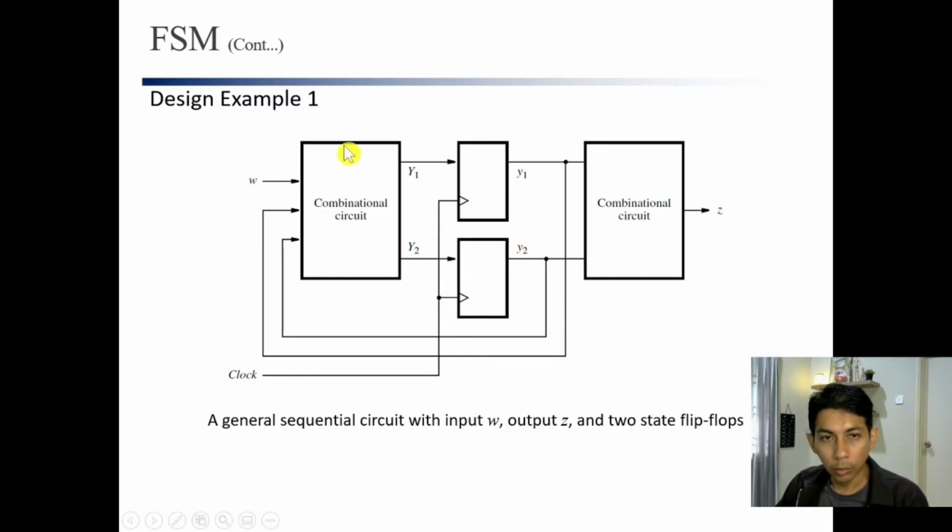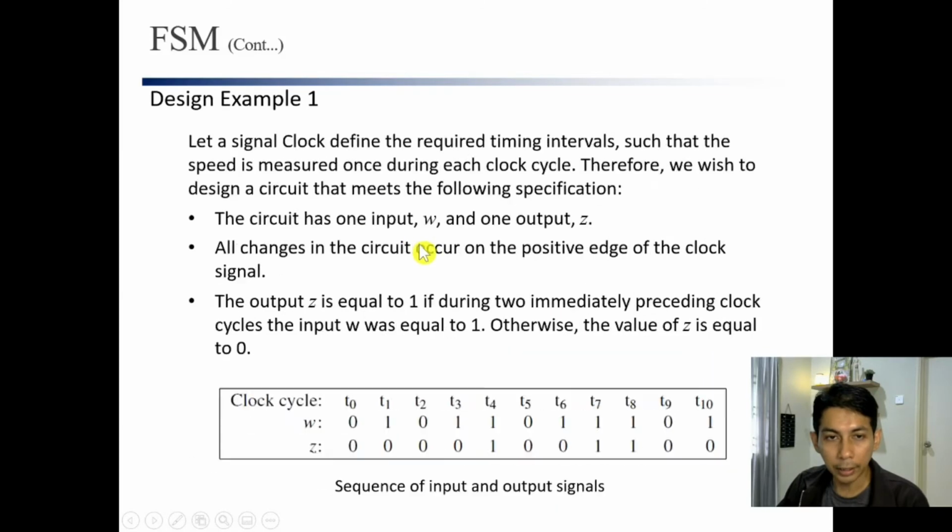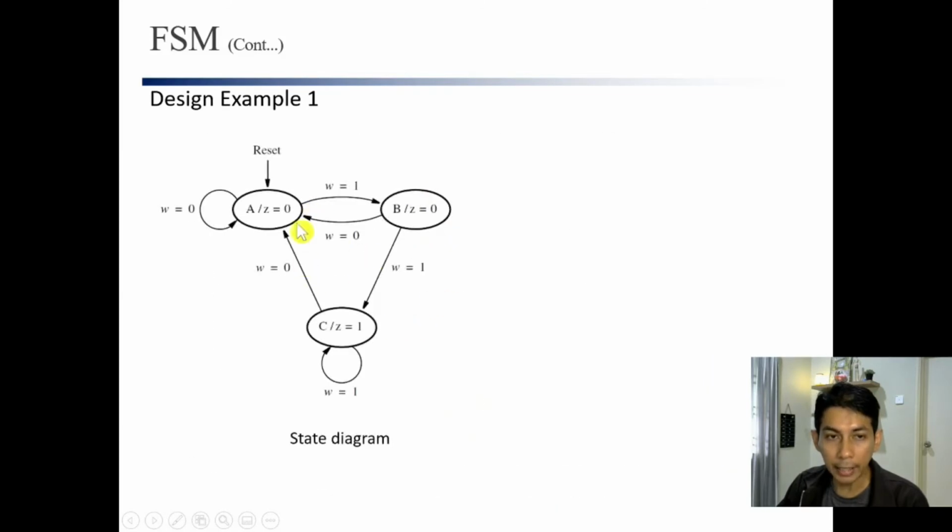So for the Moore type finite state machine, the structure will always be like this. You have the combinational logic before your state register. The state register is your flip-flops. In our case, because we have three states, the number of flip-flops must be more than one.